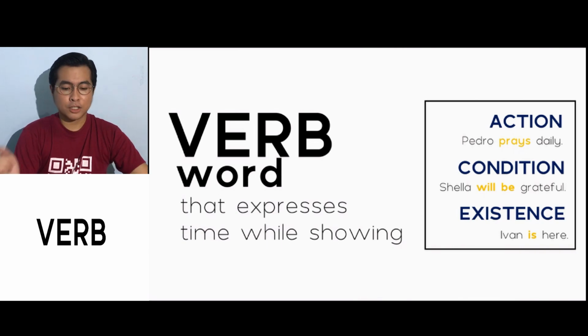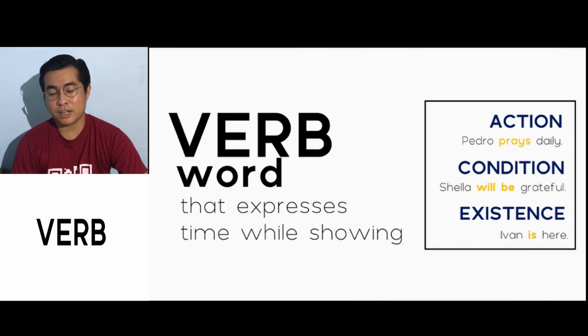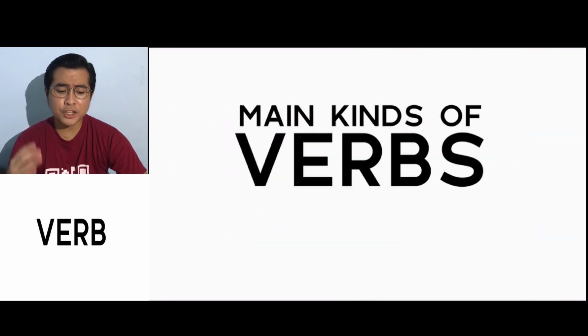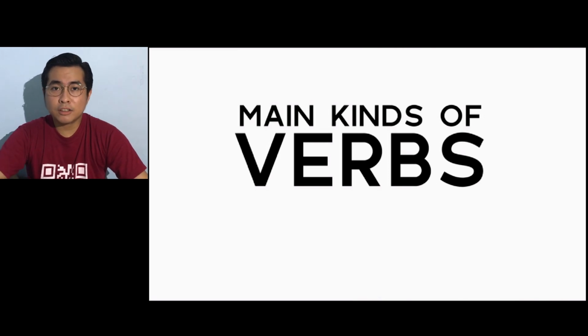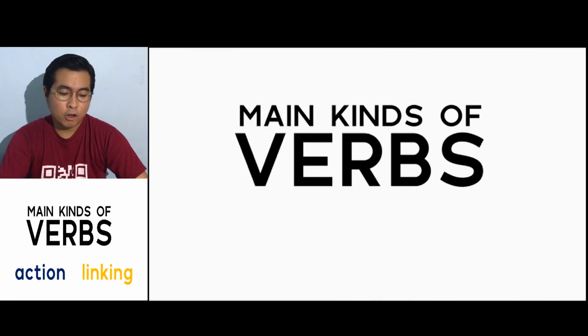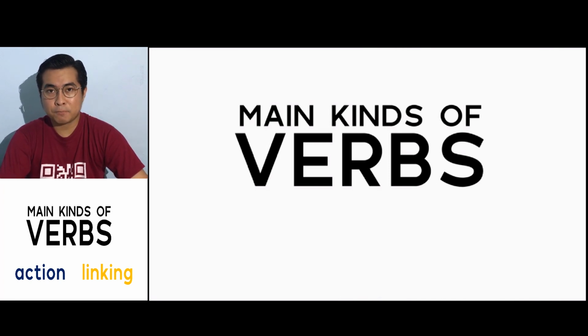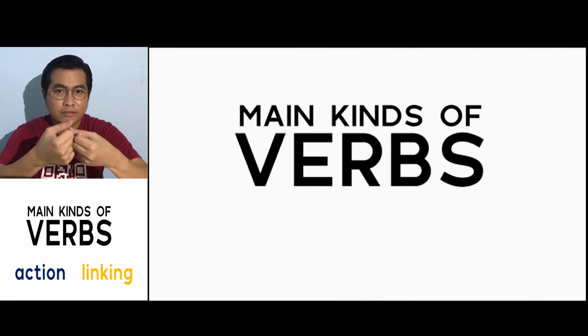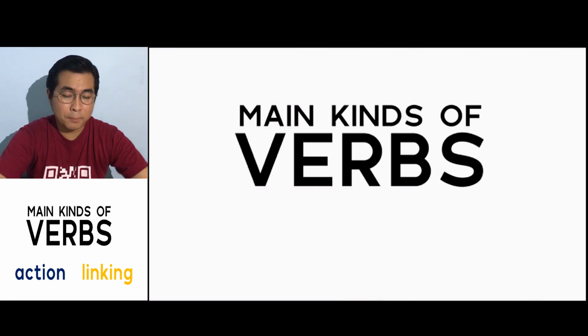So let's now have the main topic for today, which is your main kinds of verbs. I think a lot of you will have a different idea on the different kinds of verbs, because it's really a very wide topic.